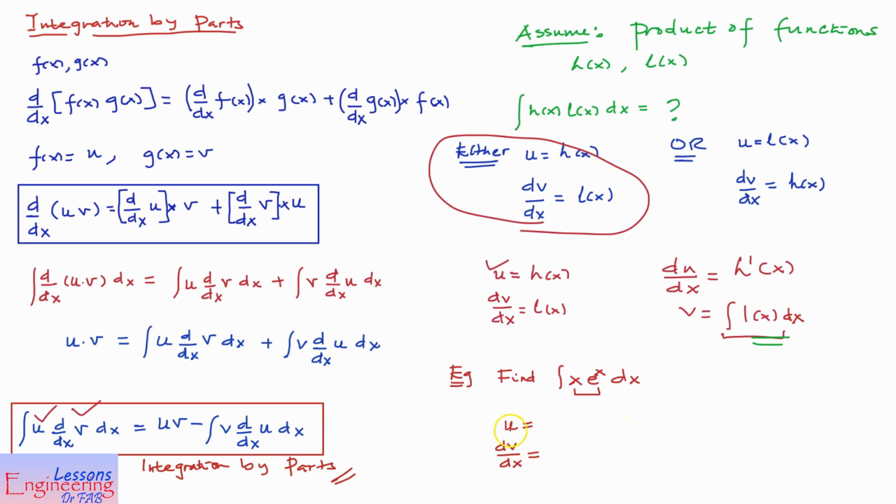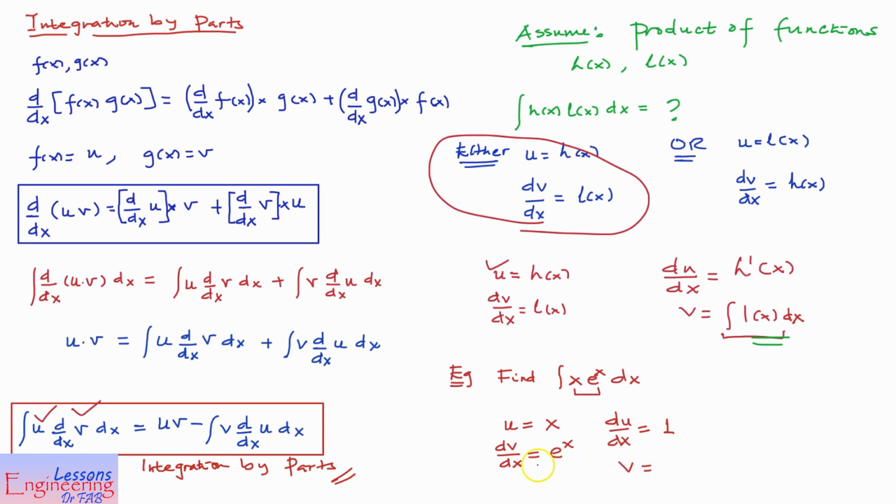For example, if I now choose u to be x and dv by dx to be e raised to x, all right, then my task is then to find what v and du by dx are. So in that case, what is du by dx here? Du by dx is the derivative of x, which is 1, and that's easy. And also the other task is to find what v is.